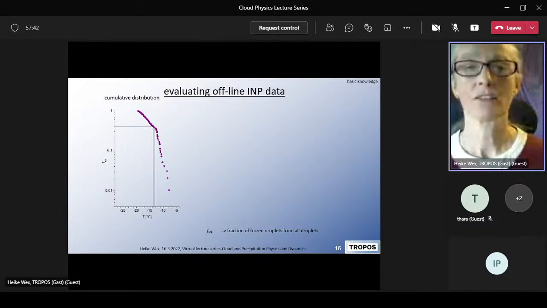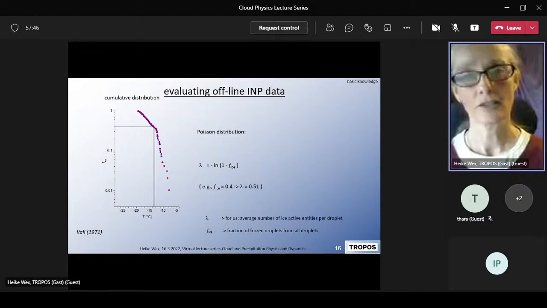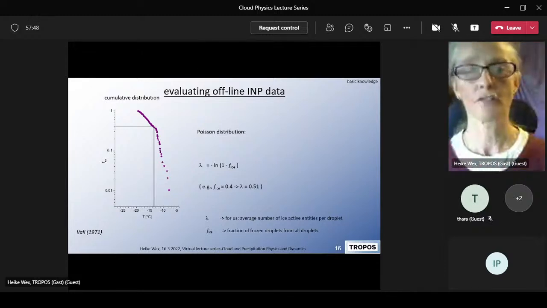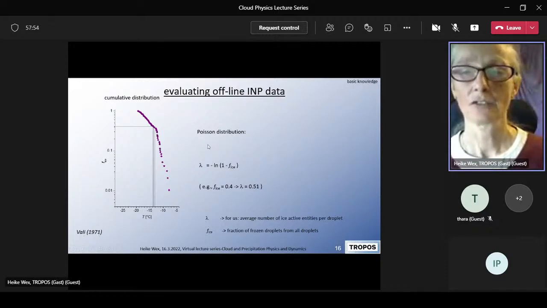And that is why you have to assume that your INP follow a Poisson distribution over your sample. And that was already understood by Wally in '71. If you use that Poisson distribution, then that is the formula that you use to calculate the average number of ice-active entities per droplet.